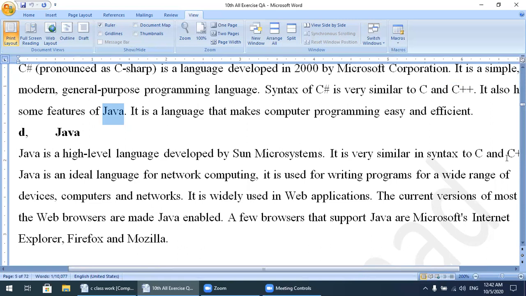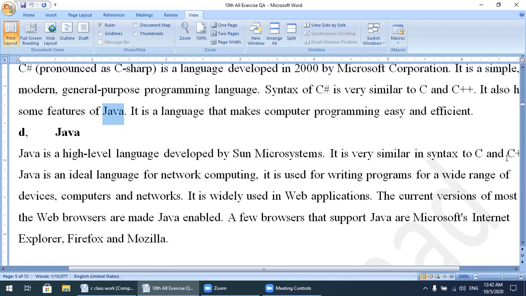Web application means anything related with the internet, so mostly they use the Java language for it. The current versions of most web browsers are Java enabled.